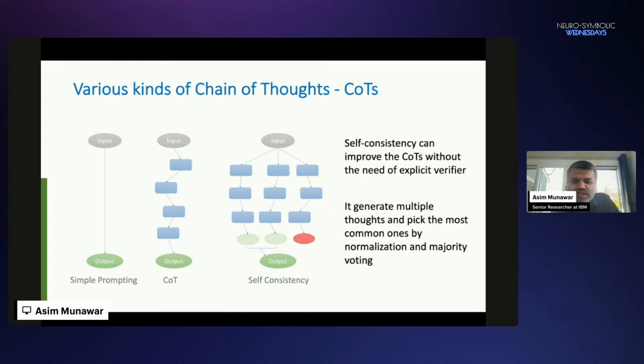We do a lot of chains of thought, up to 50, sometimes even more, and we do majority voting. We select the answers that are most probable, and that gives us our solution. As I said, this is inference time scaling, but it's very inefficient.